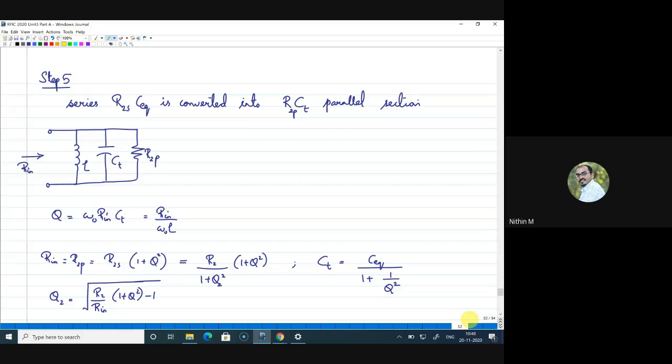Any answer for capacitance C2 and C1? Rin is 5. No, R2 is 5. Right, Rin is 50, right?